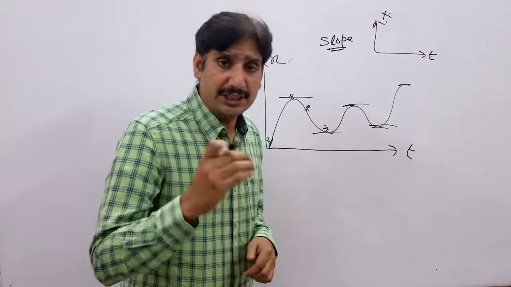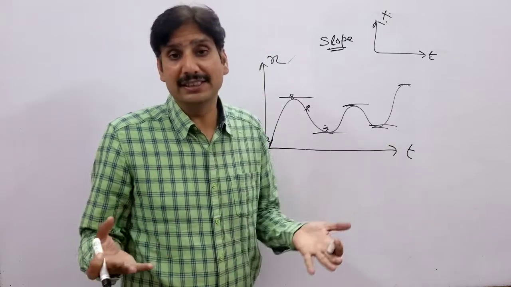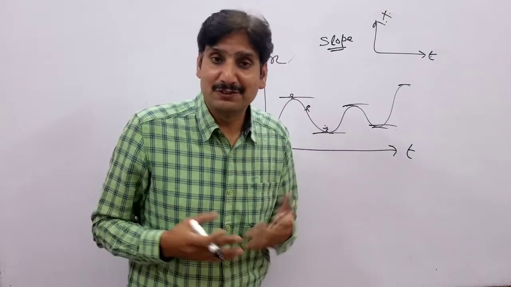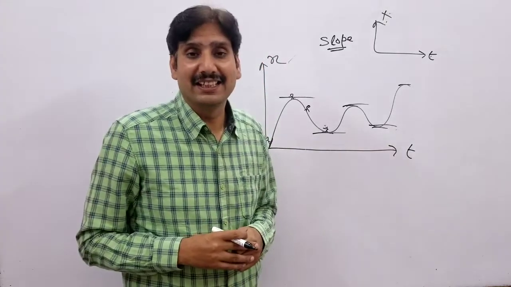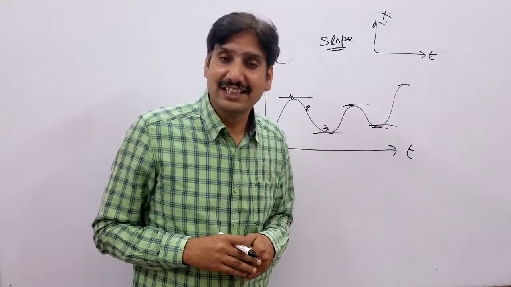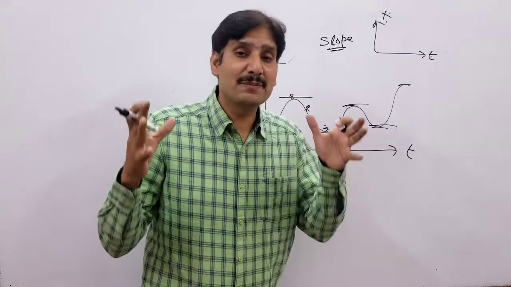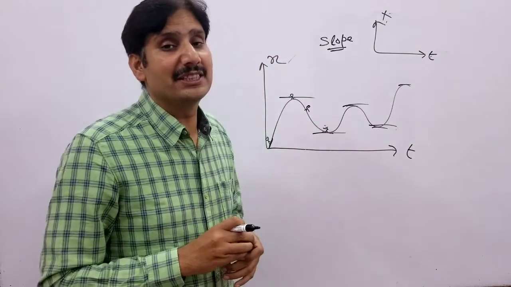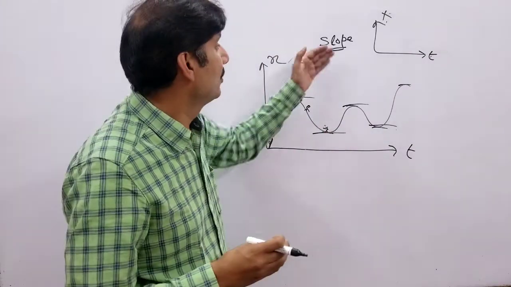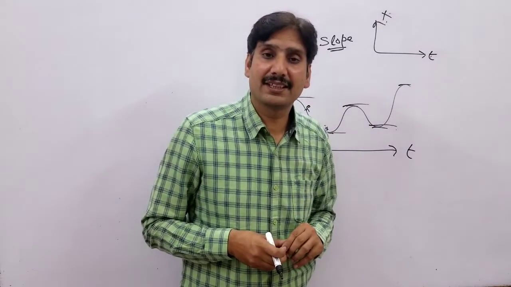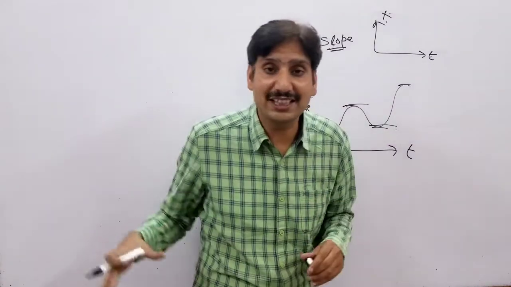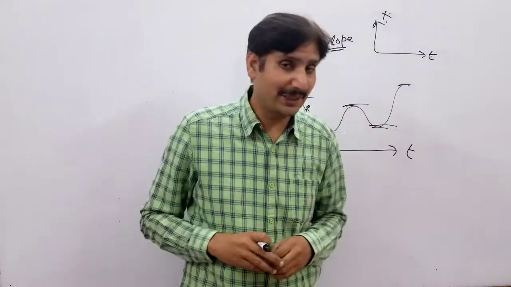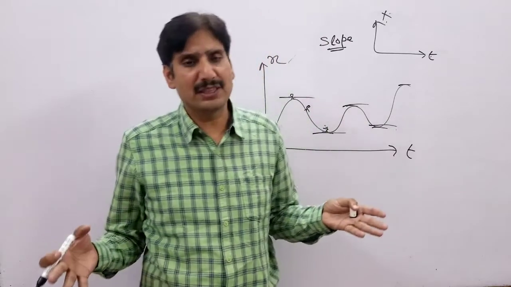The mathematical operation which mathematicians have obviously learned for us physicists is called differentiation. Differentiation is that mathematical operation which tells us about the slope of a curve. We don't have to draw the curve, we can obtain it mathematically. And there are certain formulas.